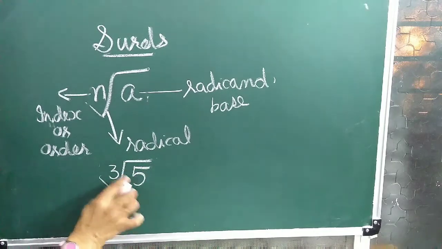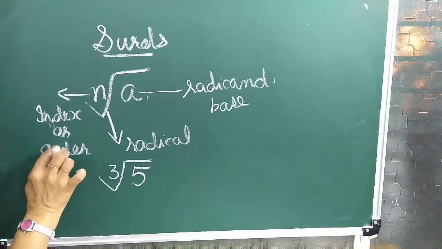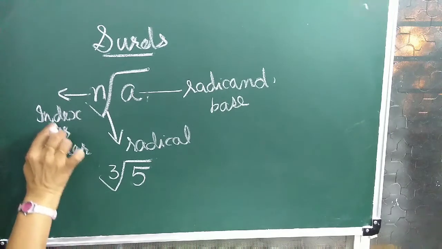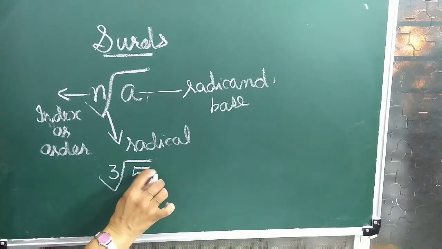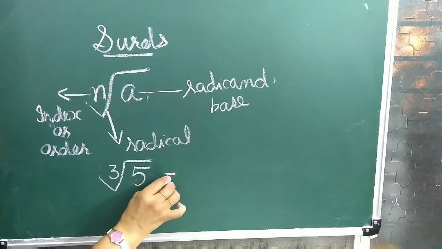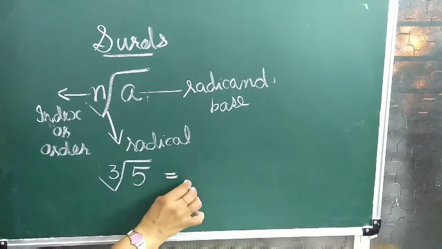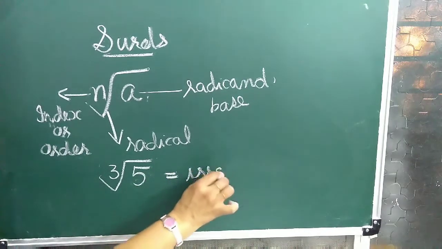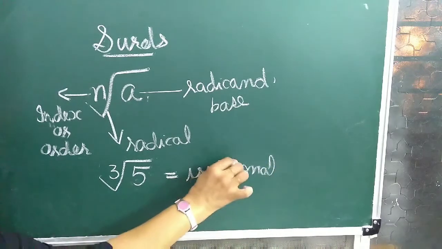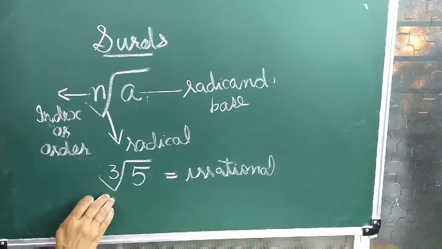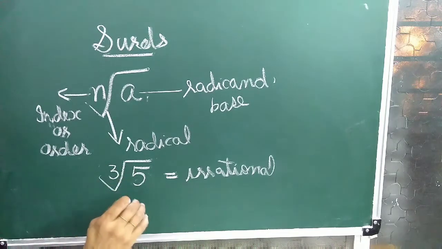In this case, 3 is the order or index, 5 is a positive rational number, and the value of this number is an irrational number. Then this number is called a surd.